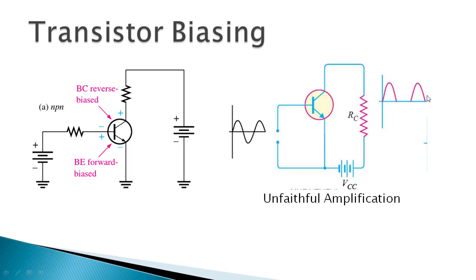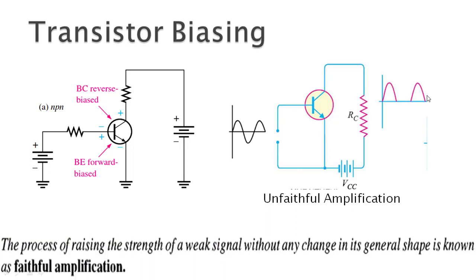So this is called unfaithful amplification. But the faithful amplification, the definition is the process of raising the strength of a weak signal without change in its general shape. The shape or originality of the signal should not be modified. So this is called faithful amplification.